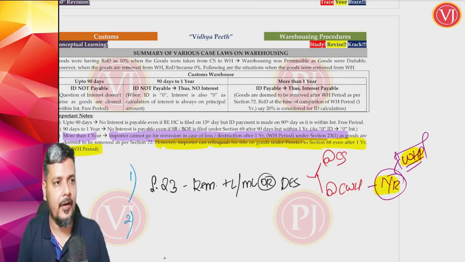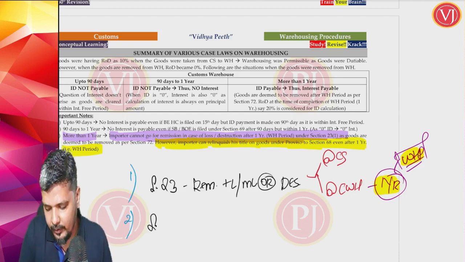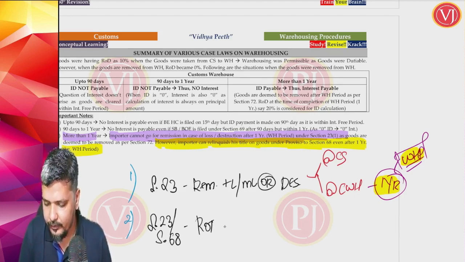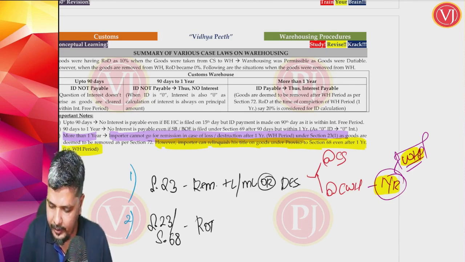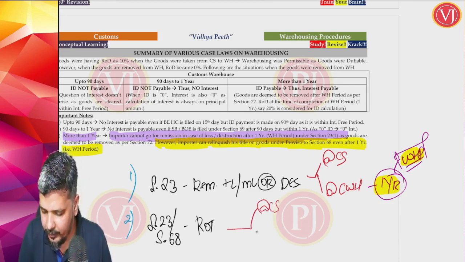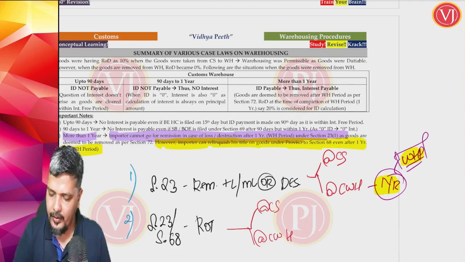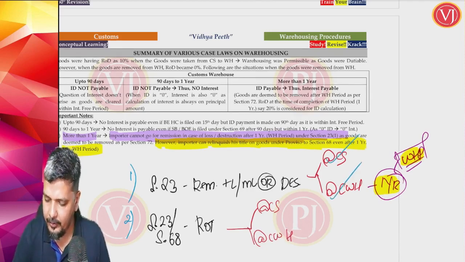Likewise, your relinquishment of title. Section 23 read along with section 68. Your relinquishment of title of goods is available both at customs station and at customs warehouse.